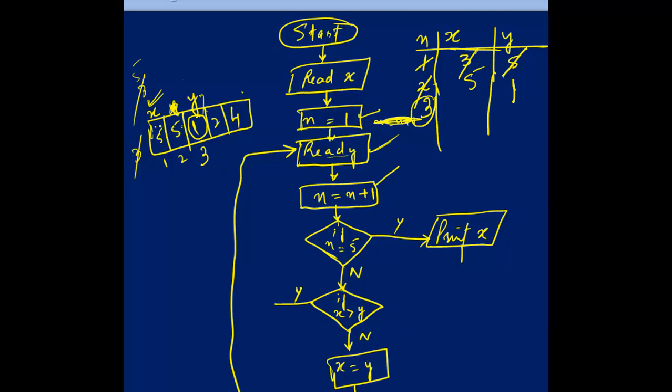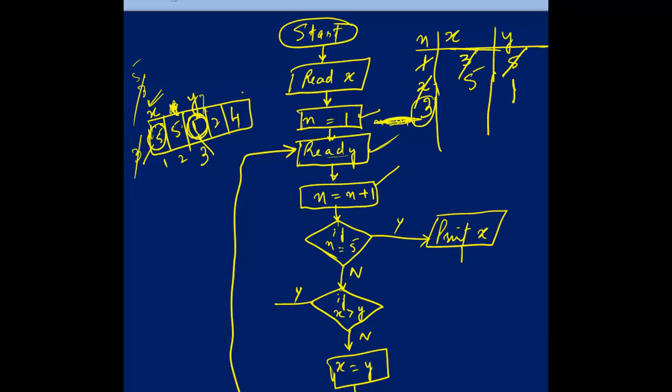Now what is the value of x? Value of x is this 5 and value of y is this 1. In this case now, again we will check whether x is greater or y is greater. Earlier y was greater than x, so we replaced the previous value 3 of x with the value of y, because value of y was greater that time.